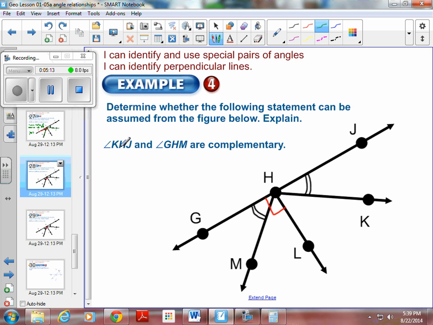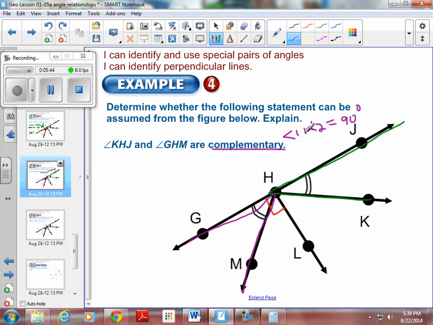Okay, K, H, J. K to H to J, and G to H to M. Are they complementary? Is there any way we can prove complementary? Well, complementary means that angle 1 plus angle 2 is equal to 90 degrees, right?